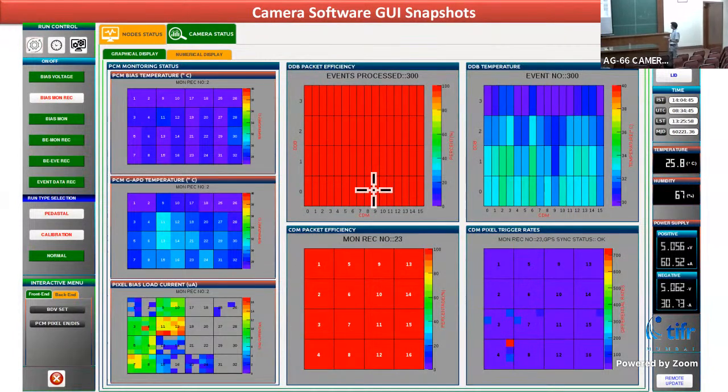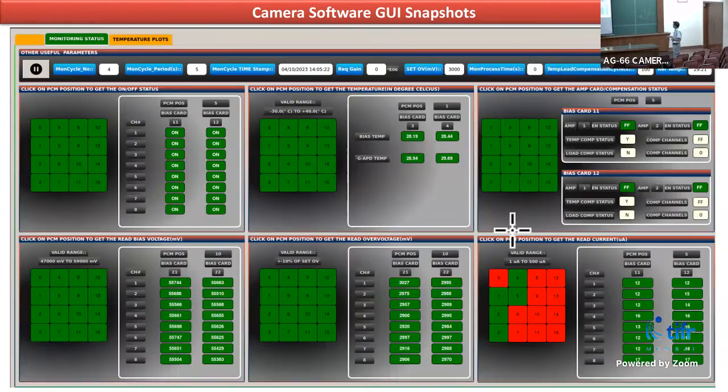This is another snapshot, where we display DDV packet efficiency, CDM packet efficiency, various temperatures of different modules, and trigger rates. This is the bias console GUI.